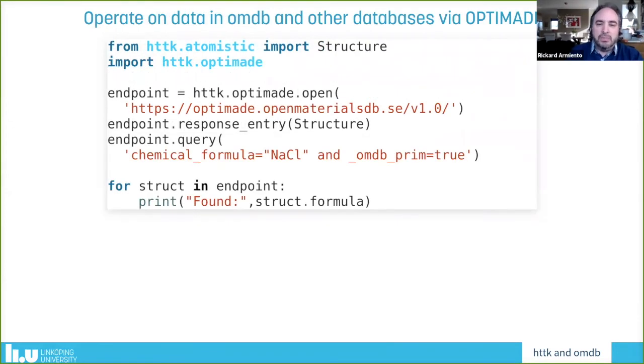Similarly on the client side, you could write a very simple Python program that connects you to an Optimade endpoint, and then you can formulate an Optimade query to that, and you directly have these structures and whatnot as httk objects.